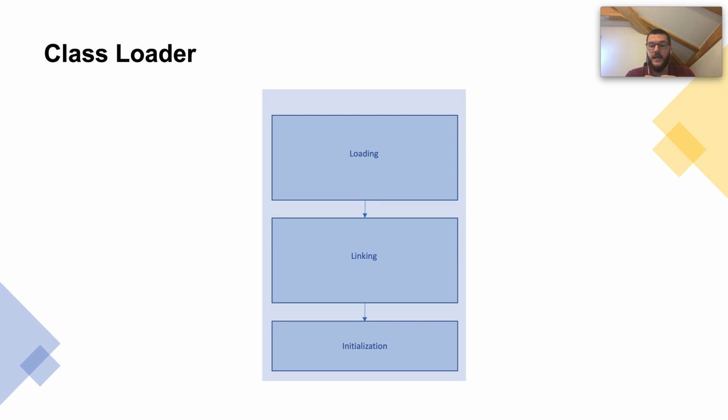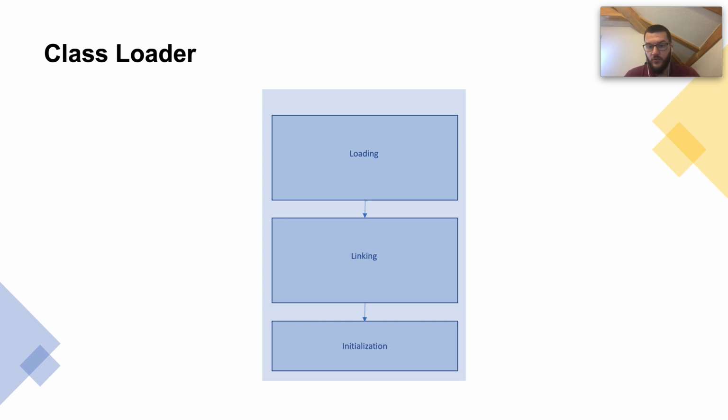The linking phase verifies the correctness of the loaded file, allocates the memory for static variables, which are set to their default values, and loads all referenced classes and interfaces. And in the initialization phase, it essentially initializes all static variables to their real values, which we set in our code.